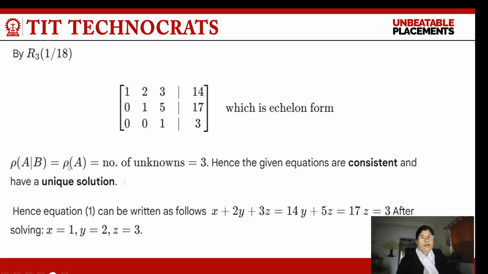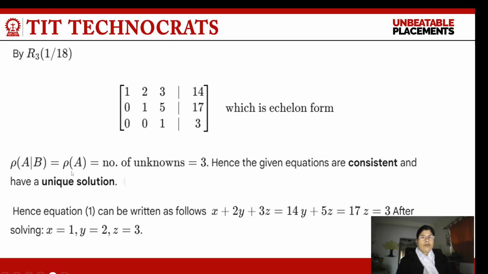So rank of A colon B is equal to rank of A. Here this is matrix A, where we get 3 non-zero rows, so rank of A is 3, and also for the augmented matrix, that is A colon B, the first row, second row and third row are 3 non-zero rows, so the rank of the augmented matrix is also 3.